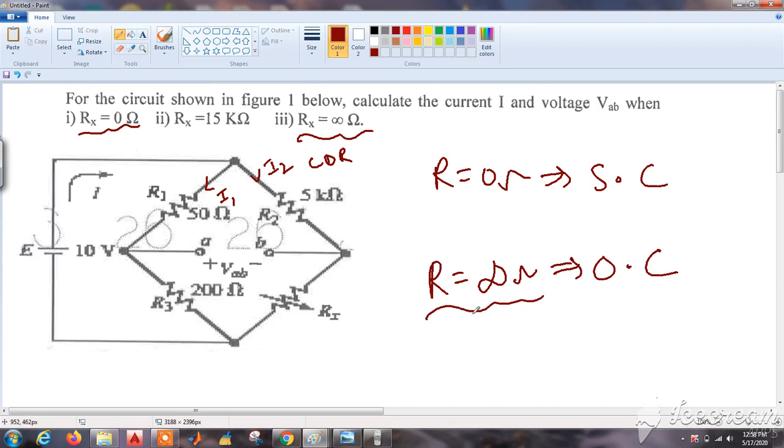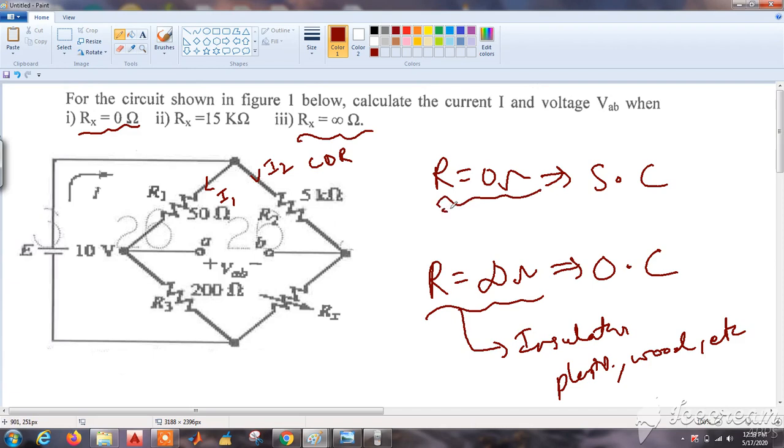We can also say that infinite resistance is exemplified by good insulators such as plastic, wood, etc. And here we can also give the example of a pure wire without any resistance, or a pure conductor.